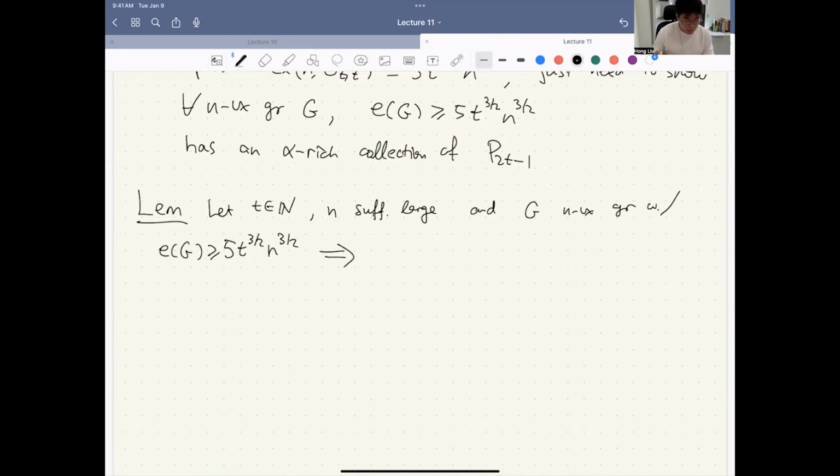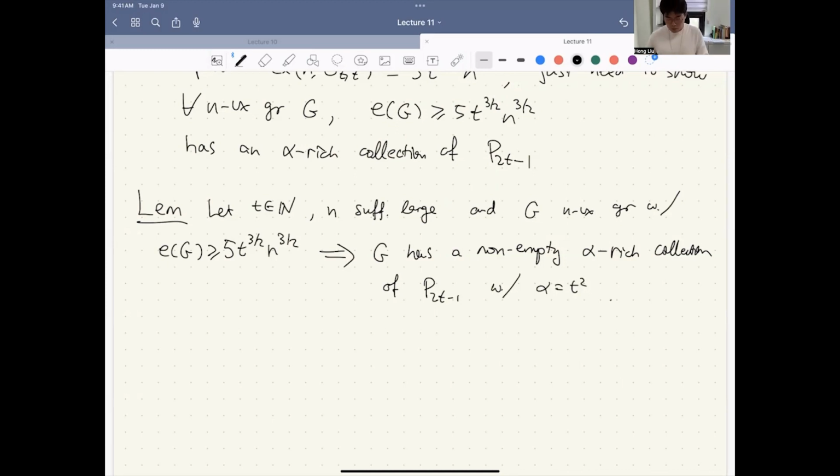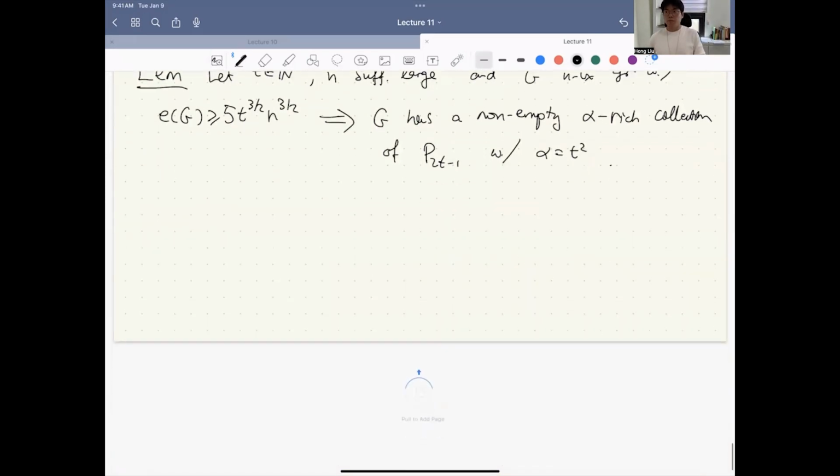Then G has a non-empty alpha-rich collection of P_{2t-1}, with alpha equal to t squared. Okay. This is what we need to show now.